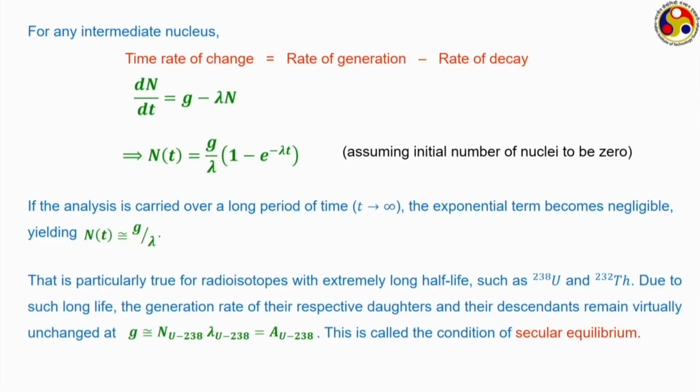Extremely long half life means extremely small value of lambda as well, and because of such long life and slow rate of decay, their number of nucleus changes extremely slowly, and therefore, the generation rate of their respective daughters and descendants remains virtually constant, because the rate of generation of their daughters will be given as just the same as for this uranium-238, where n into lambda is a constant, and n will change by very small amount over a reasonable period of time, and therefore, g will become equal to the activity of that U-238 or whatever parent nucleus we are starting with.